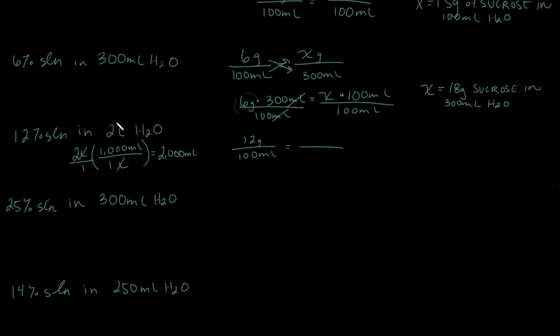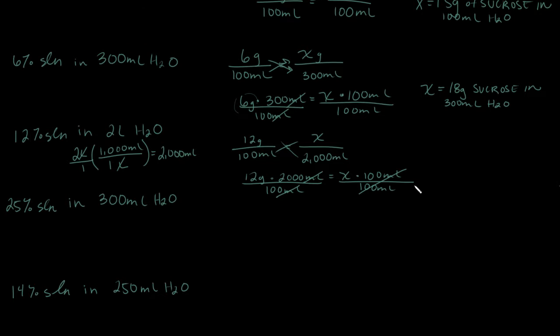We have a known volume that we just changed into a unit we can use, an unknown mass that we're going to be weighing out in the lab, and again, we can cross multiply. We'll do 12 grams times 2,000 milliliters is equal to X times 100 milliliters. Get X alone, divided by 100 milliliters.